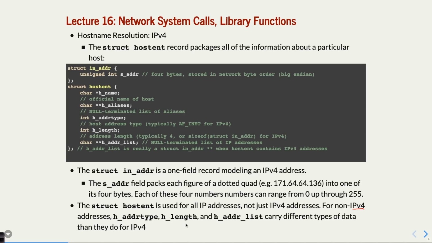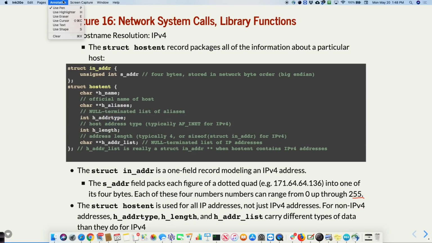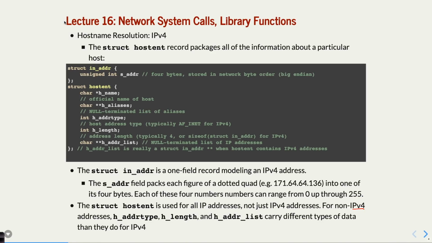The length is going to be different. If you have 128 bits, you're going to need to report that. And the list can have different types of information too. So you've got to be a little bit careful with that as well. Any questions on that so far?